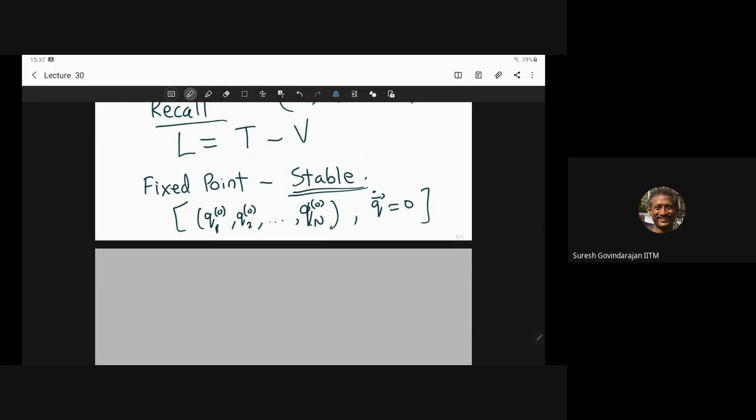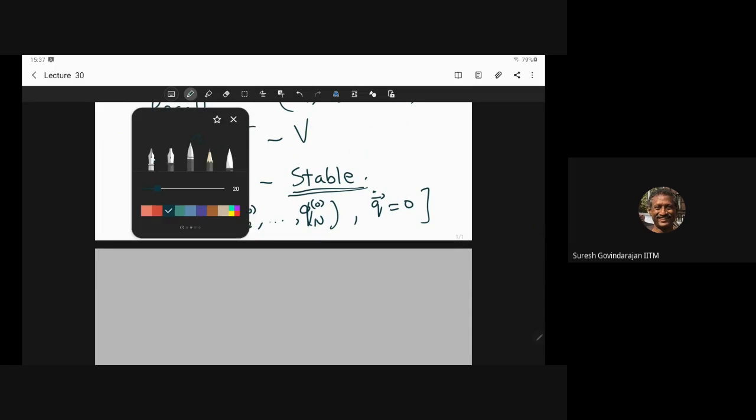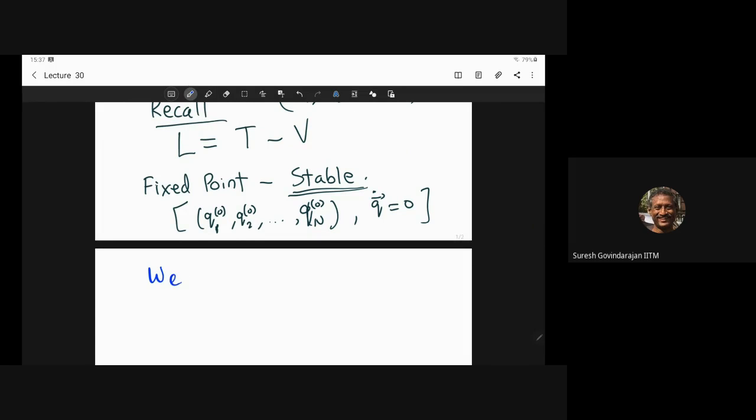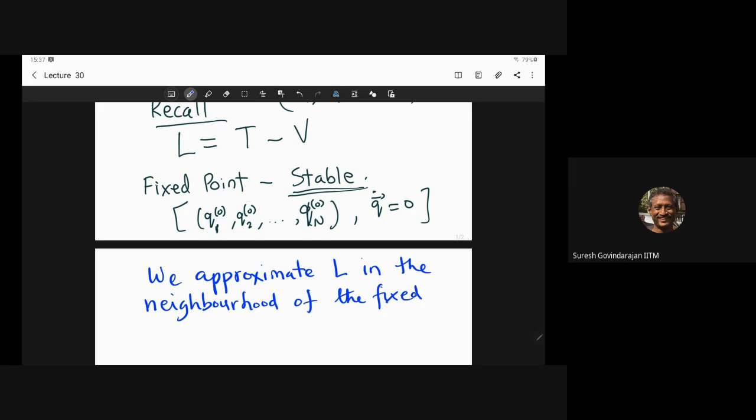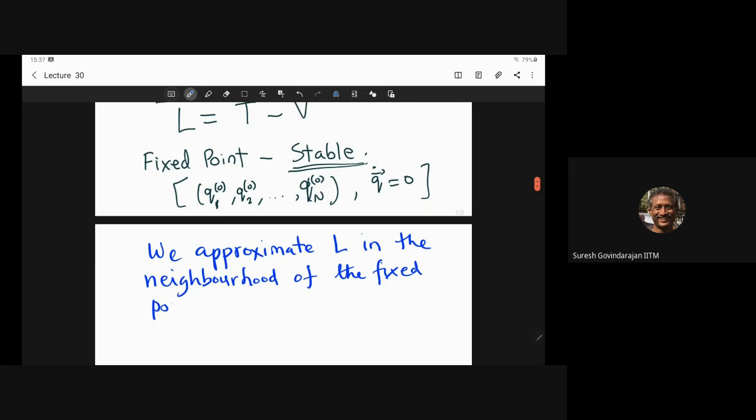L could be horribly nonlinear, but the idea was that we approximated the neighborhood of the fixed point as follows. Again, this is something we have done.